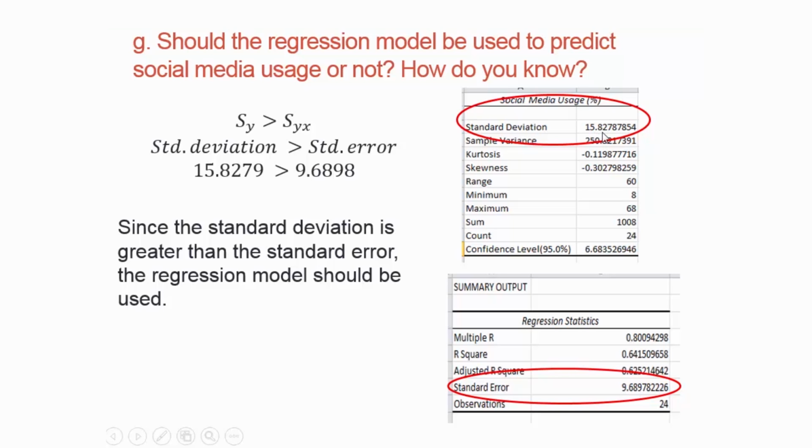I compare that with the standard error for the regression, and that value is found here under summary output, 9.69. So, because the standard deviation is greater than the standard error, that says I will have less error by using the regression model rather than not using the model.